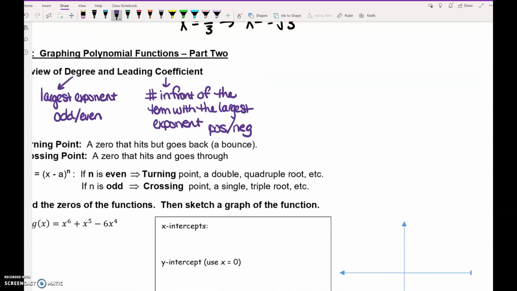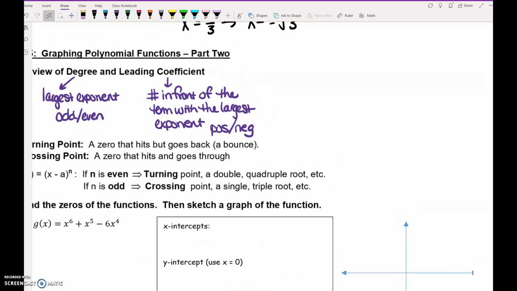So over in this blank space, we're going to make a fancy little chart. We'll look at odd degree and even degree. In an odd degree polynomial, the two ends of the graph point in opposite directions.